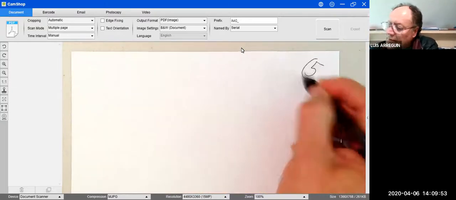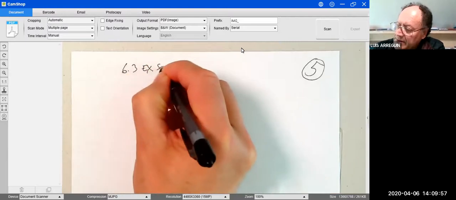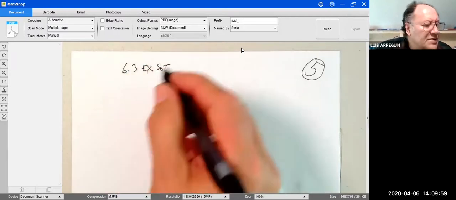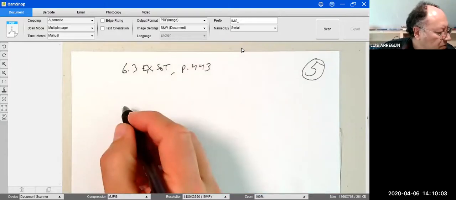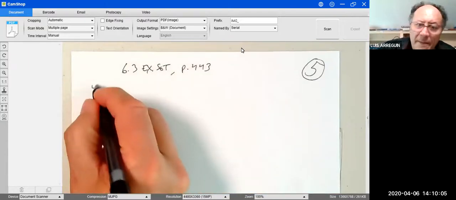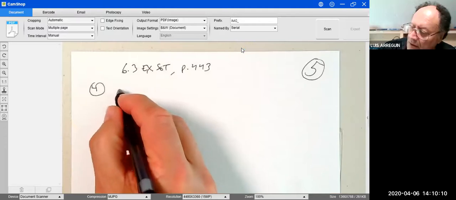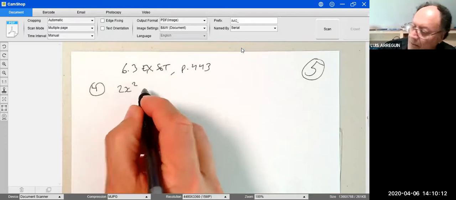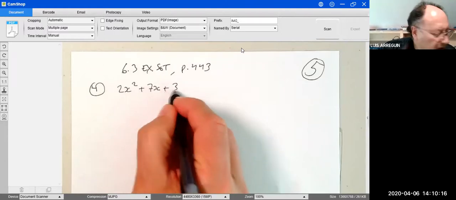So we have the 6.3 exercise set on page 443. So you're going to work problem 4. Problem 4, you're going to factor 2x squared plus 7x plus 3.